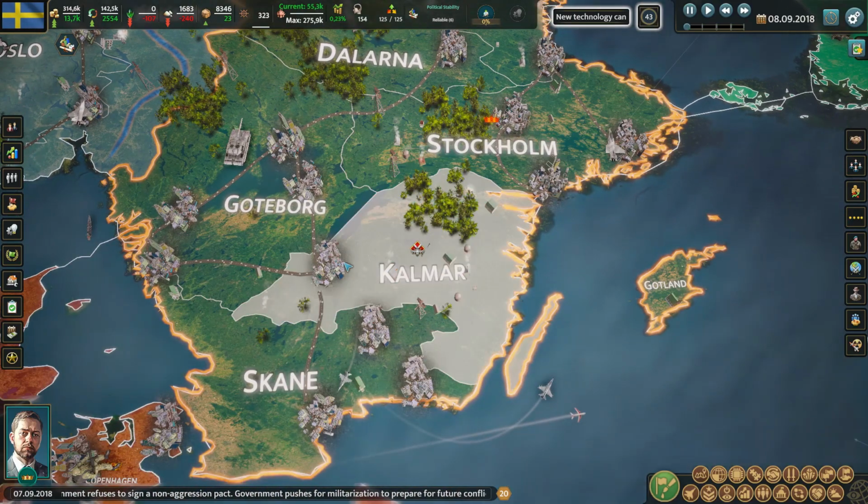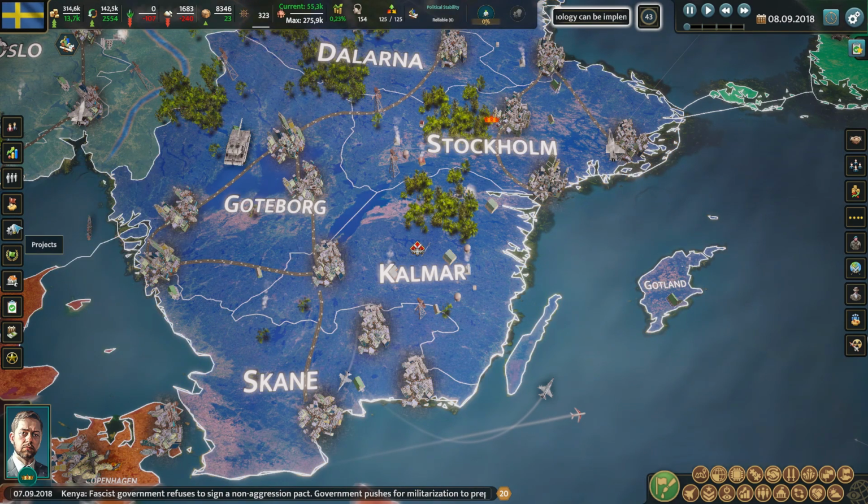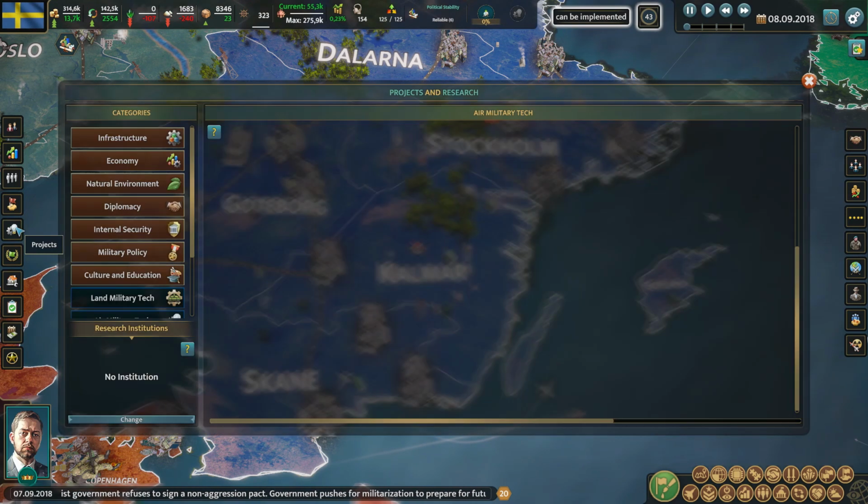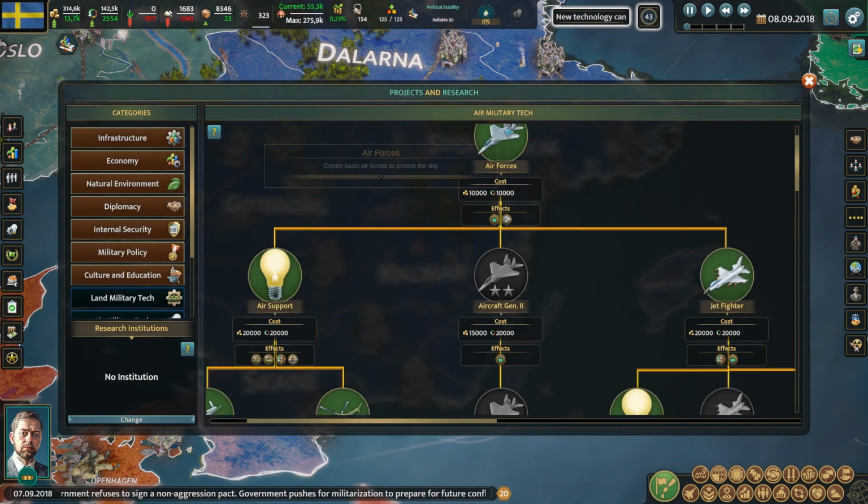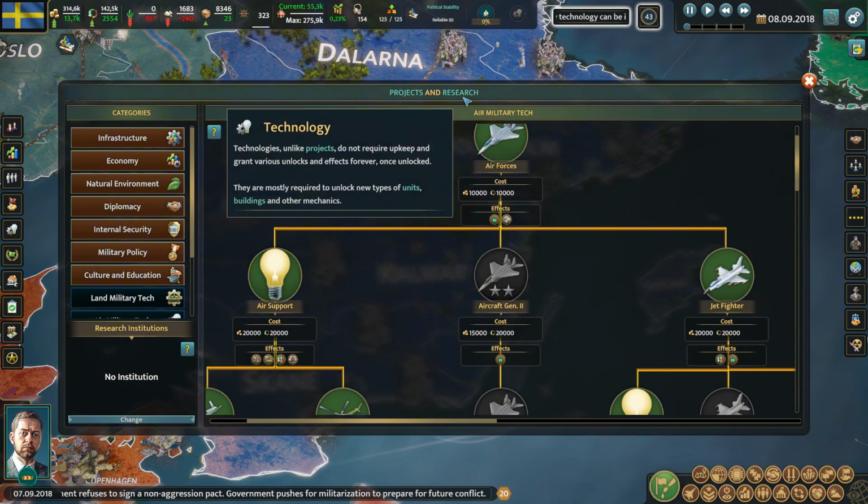So, to progress, to build up in Realpolitiks 3, you need to address the projects and the research. Research is essentially something that you do one time only. It's not being paid over time. It doesn't take away from your resources.